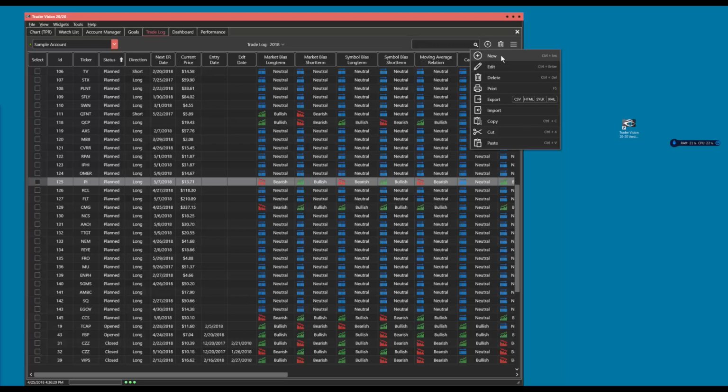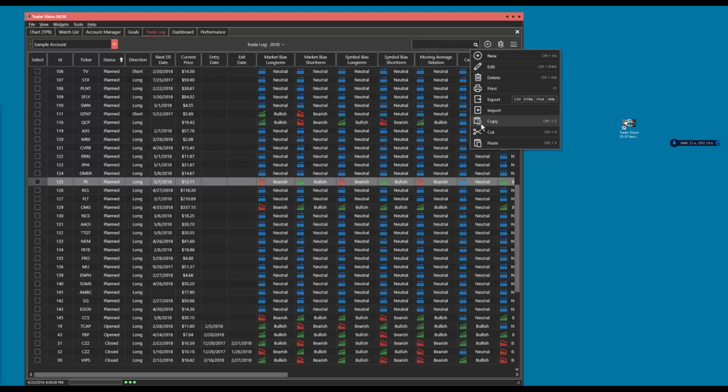You have add a new trade, edit trades that you have selected, delete a trade, print a trade, or print the log, export the log to multiple formats: CSV, HTML, XML, and SYLK, which is a Microsoft format specifically for spreadsheets, and it's kind of an improved version of CSV, but CSV that can pretty much only be read by spreadsheets. You could import trades as well, copy them.